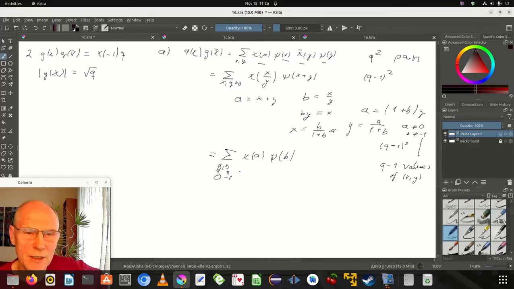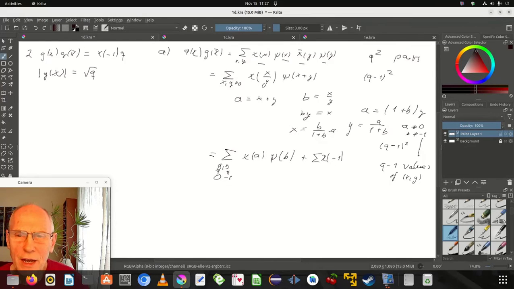And since we sum separately, and then we have to take the sum with b being equal to minus 1, and what can a be then?